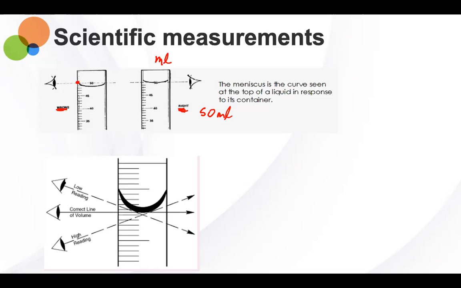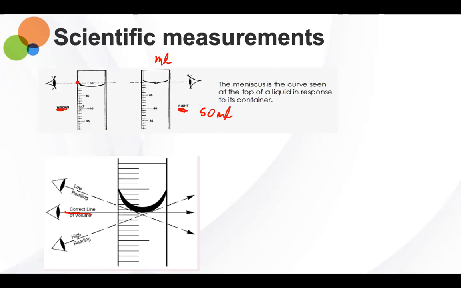Now, this is a poor, low reading if you're reading from this angle, right? And for this angle, you get an incorrect reading as well. Where should you read it? In the center, right, at the correct line of volume. So this is the correct line of volume, right in the center. Don't read at an angle.